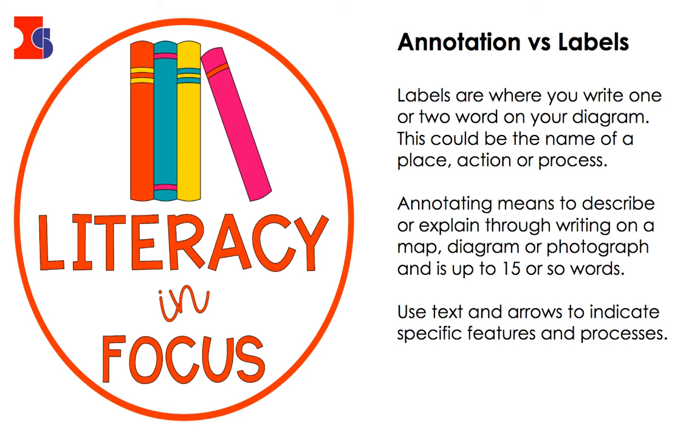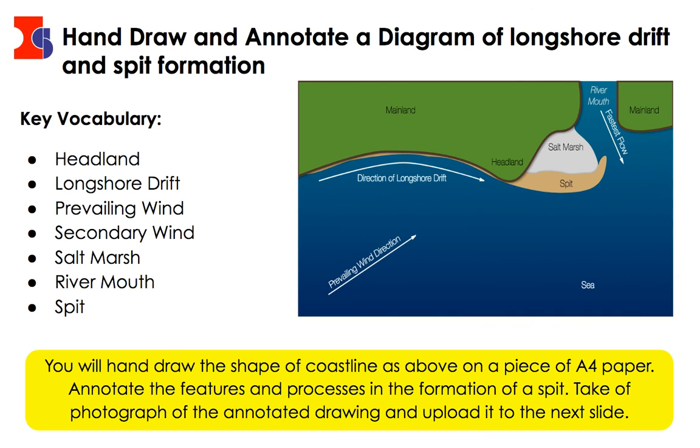You are going to hand draw a diagram that looks exactly like the one on the right-hand side, and in that diagram I want you to explain with annotations and arrows how longshore drift works and how this forms a spit.